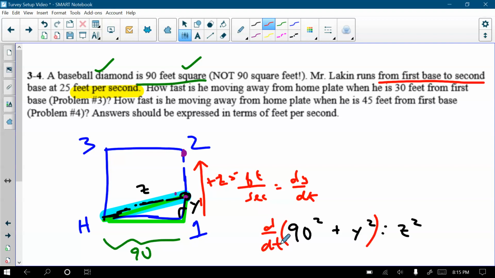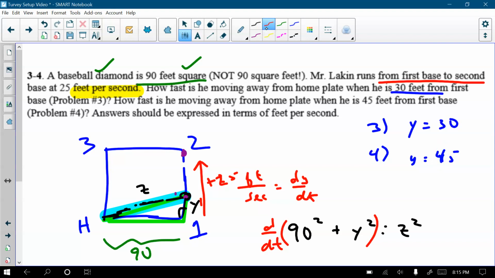And I believe it gave you locations. So one is where y equals 30, when he is 30 feet from first base. That's for problem 3. And then for problem 4, it looks like y is 45 feet. So there will be 2 different answers here again.